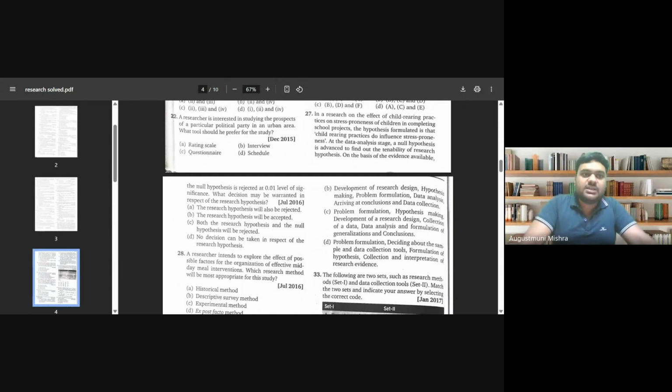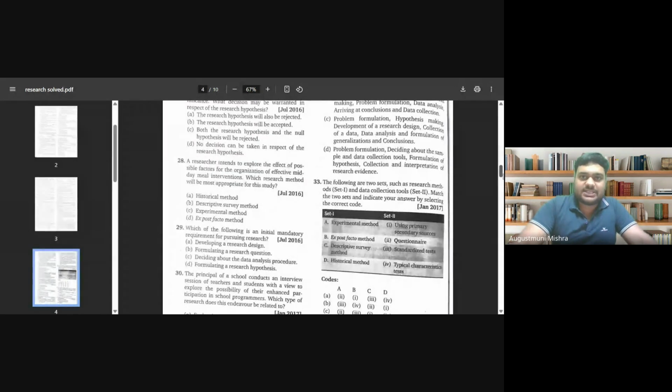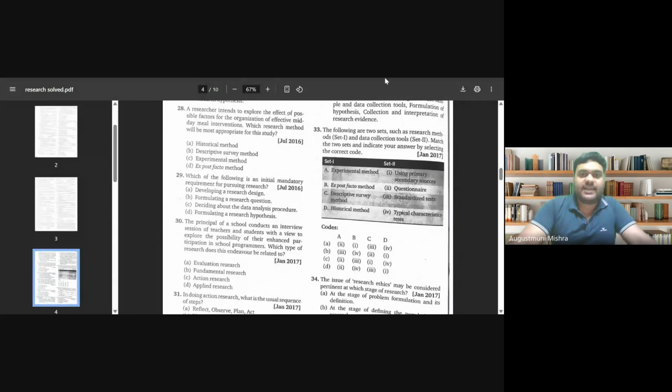Answer is B. That is, the research hypothesis will be accepted. Now I will move to other questions, because I have so many questions with me, but at least we will do 50 questions today, because at least you will understand the pattern, what kind of questions are asked in the NTA NET, because everything is based on theoretical concepts and all.